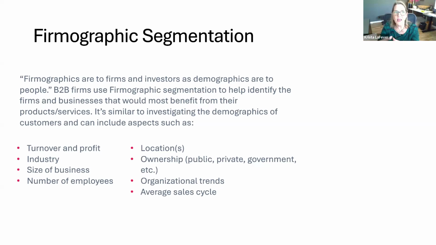This is important because if you know that this firm is in a particular industry, such as an association or a nonprofit, you're going to be marketing to them in a certain way that would be different from a construction industry, for example. So knowing these different segments is really important to getting to your audience.